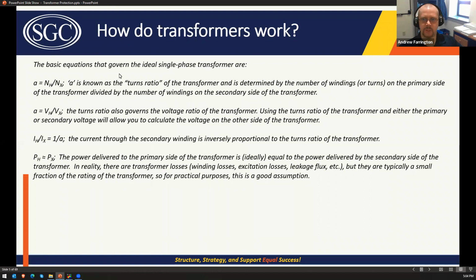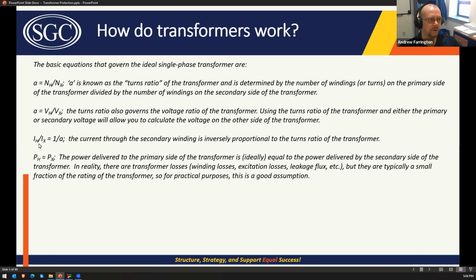Some basic equations that govern the ideal single phase transformer are the turns ratio, which, as you all know, is the number of turns on the high voltage winding divided by the number of turns on the low voltage winding. This is also the ratio of the voltage on the high voltage winding divided by the voltage on the low voltage winding.